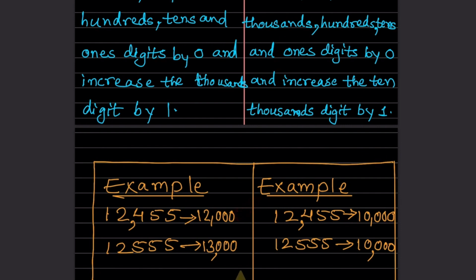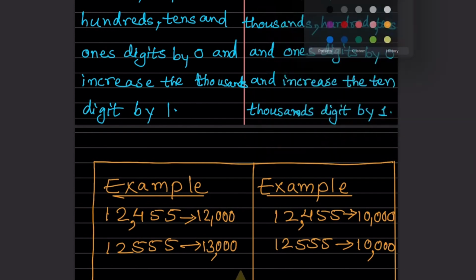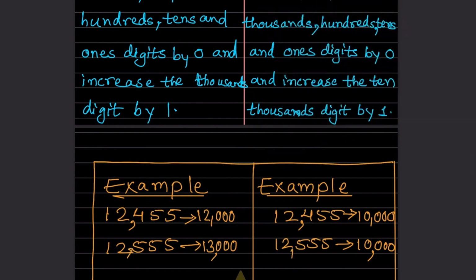Now same over here. Now look at here. Now this is 12,555. Now what are you going to do for this one? Again, ones, tens, hundreds, thousands and 10,000. So you are going to concentrate on this thousands part because we are going to round it to the nearest thousand.